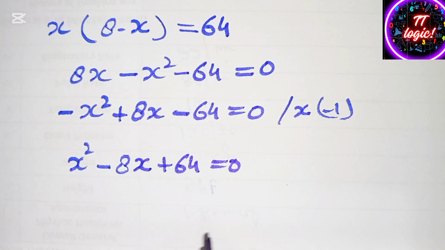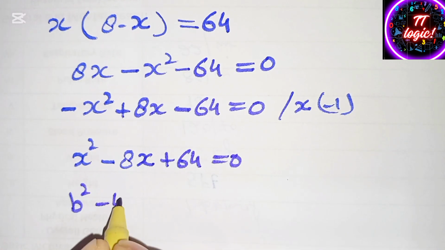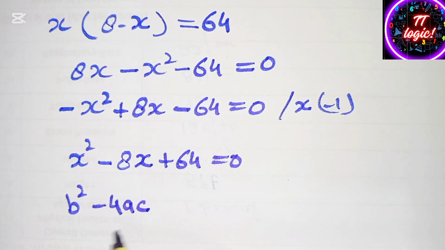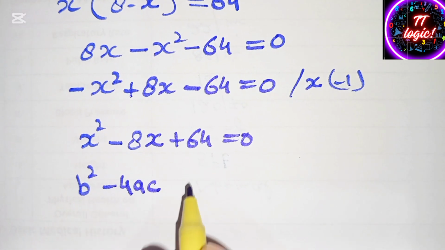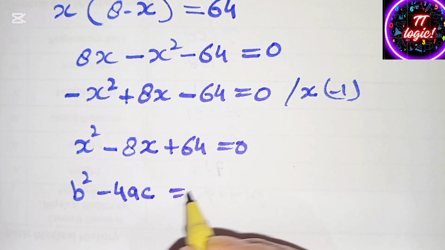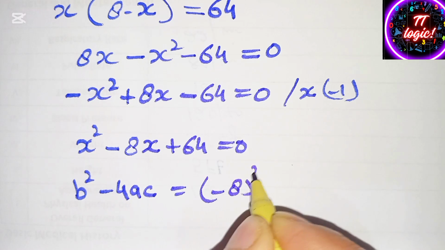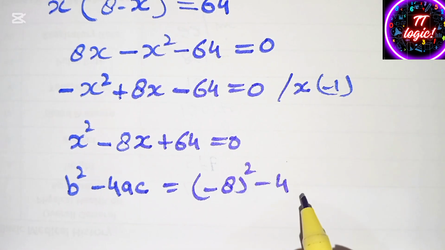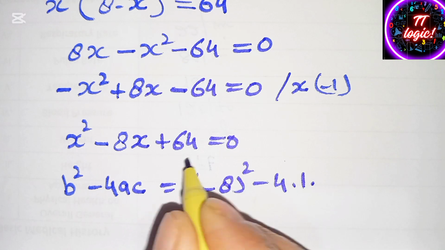Here we use the quadratic formula, b square minus 4ac, and we put the values in this formula: b square is minus 8 square, then minus 4 times a is 1, and c is 64.